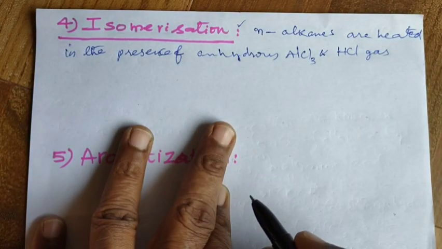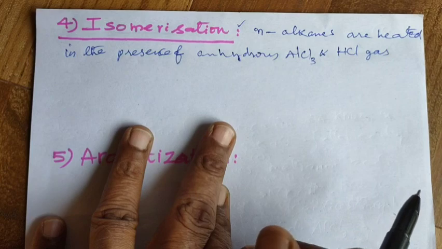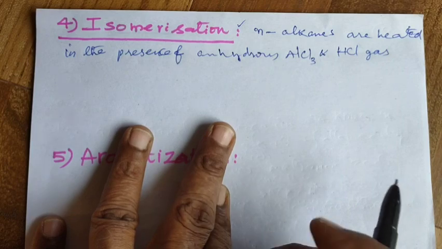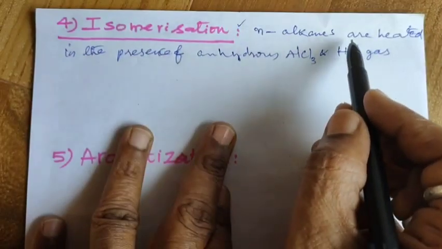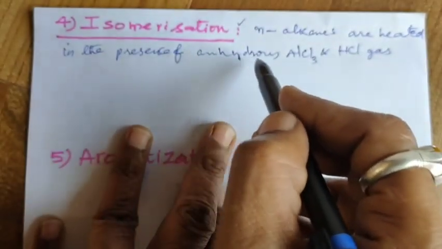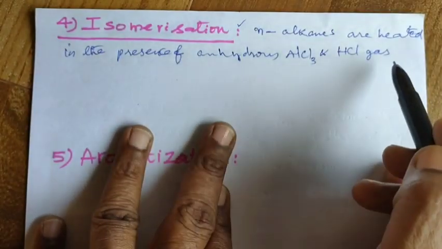As the mixture is heated, then what happened? Yes, isomerizes. n-alkanes are heated in the presence of anhydrous AlCl3 and HCl gas.